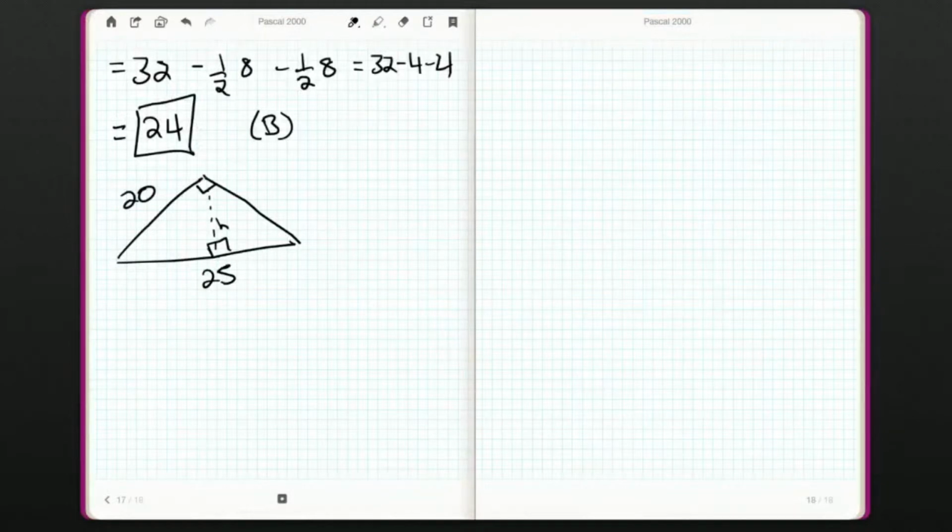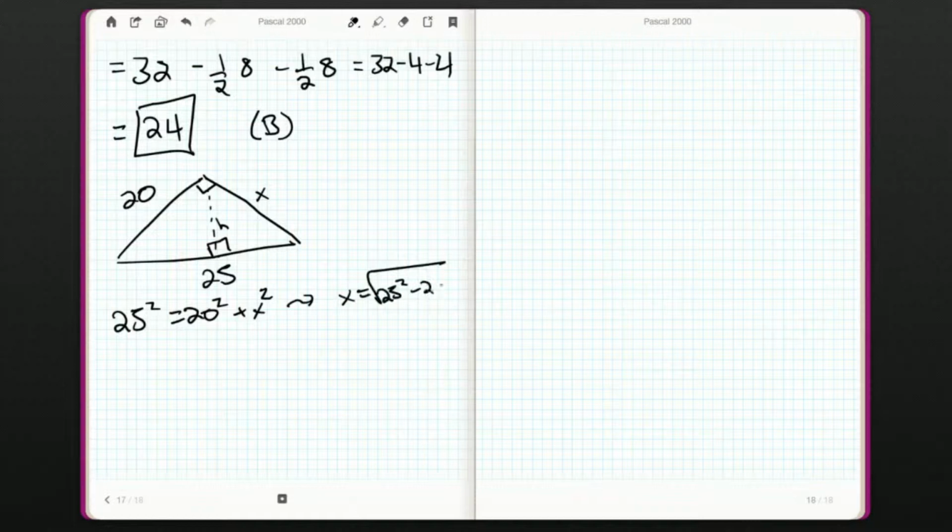We have h in here. And let's give this guy a name, x. Since this is a right angle triangle, I know that 25 squared is going to be 20 squared plus x squared. And that means that x is going to be the square root of 25 squared minus 20 squared.